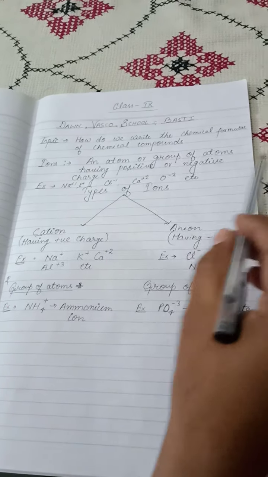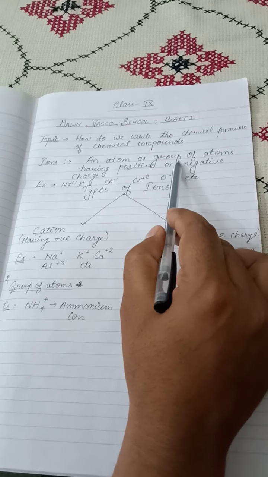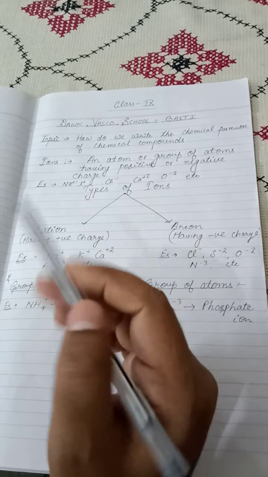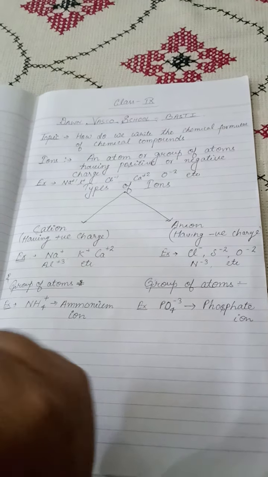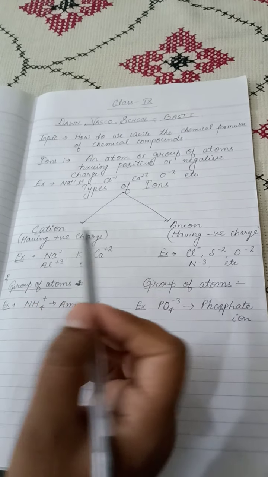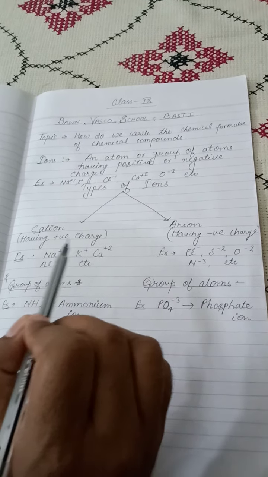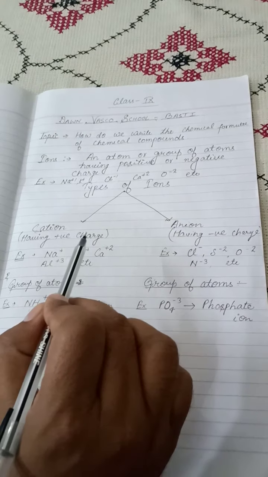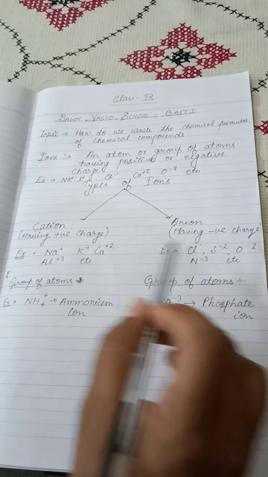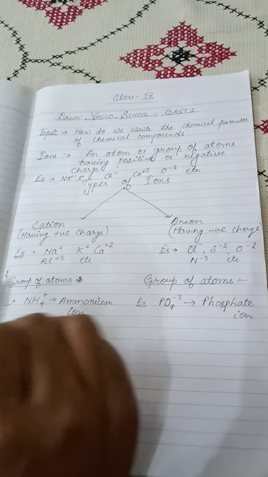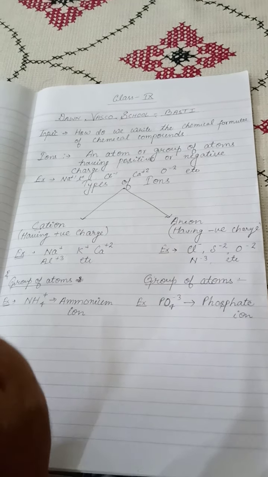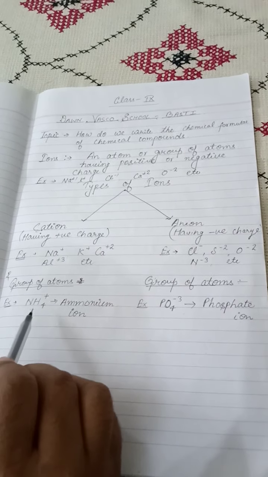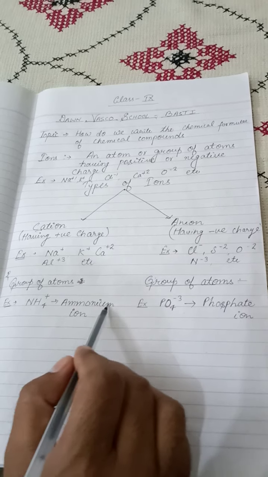And the second term is group of atoms. A group of two or more different atoms having positive or negative charge is also an ion, right students? For example, the ammonium ion.